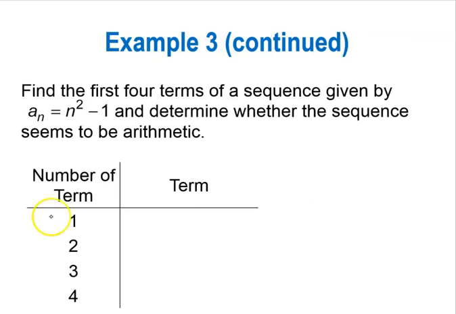So the nth term, so my a sub 1, if I use the formula, which means my first term is equal to, now my n is 1, so I plug that into my formula. 1 squared minus 1. We know 1 squared is 1 minus 1, and 1 minus 1 is 0.